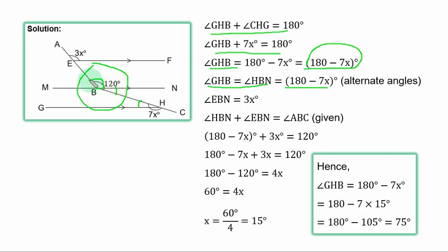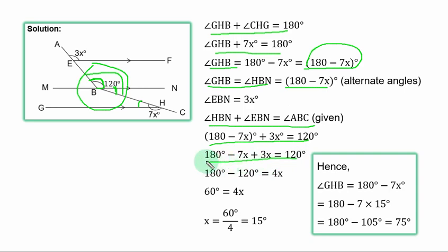Now you know this angle and you know this angle. The whole of the angle is 120 degrees. So if you add the two sub angles, you equate it to ABC as given to you. That is this plus this equal to 120 degrees. If you open the bracket, you have this.